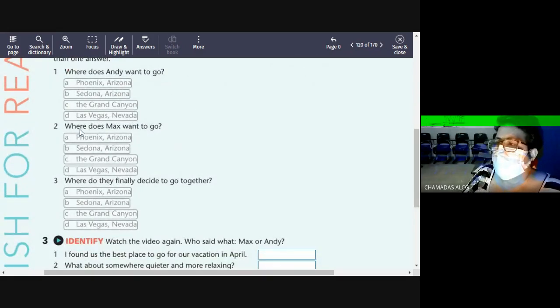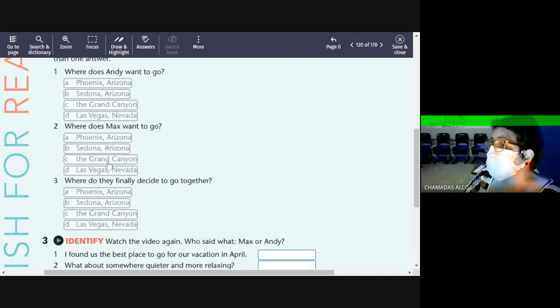Question number 2. Where does Max want to go? Option A, Phoenix, Arizona. B, Sedona, Arizona. The same here. Letter C, the Grand Canyon. The same. And letter D, Las Vegas, Nevada.